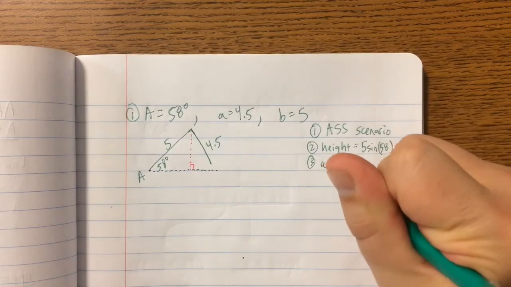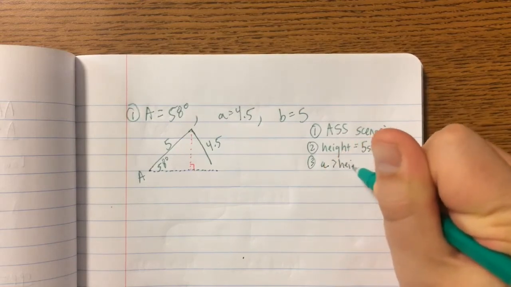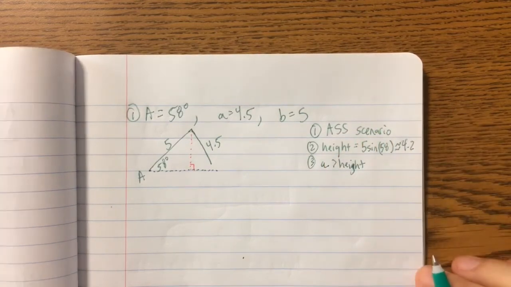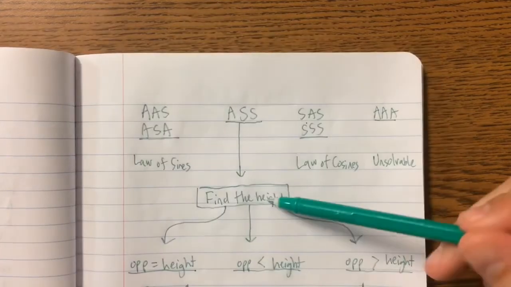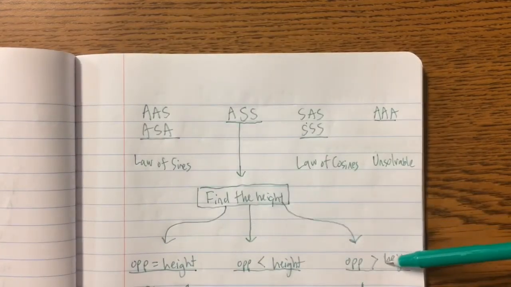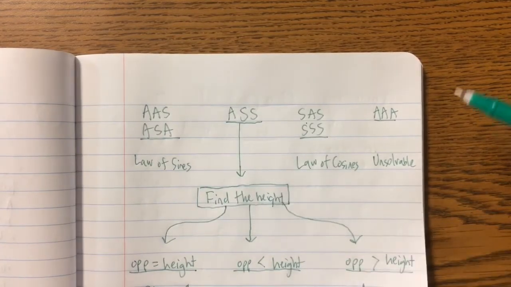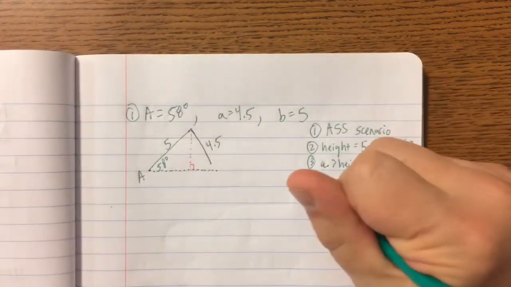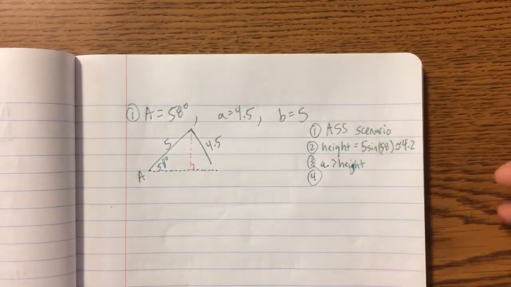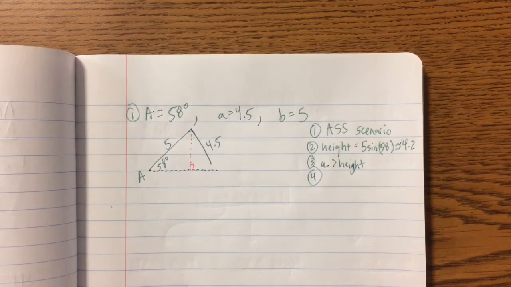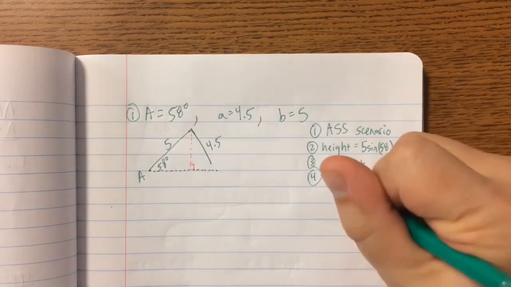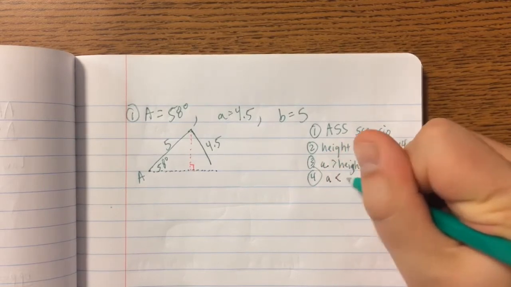So side A is greater than the height. Going down my little decision tree, opposite side greater than the height. Now I need to compare it to the adjacent side. So which one is bigger, the adjacent side or the opposite side? The adjacent side, right? Side A is less than side B.